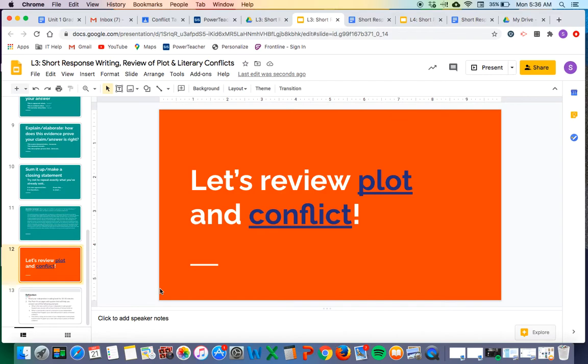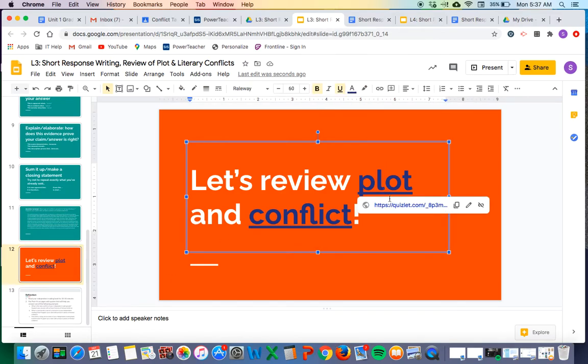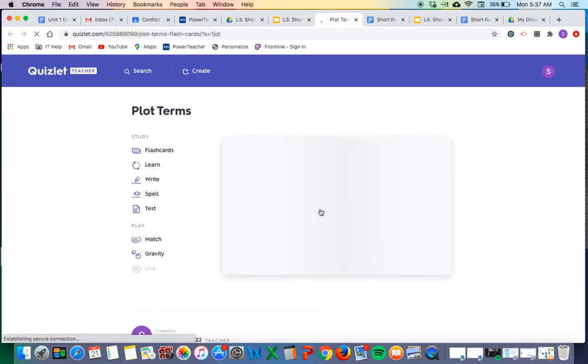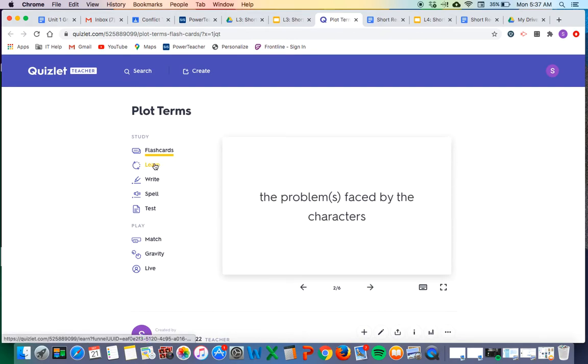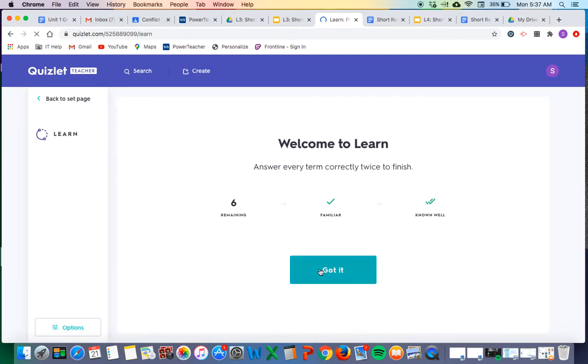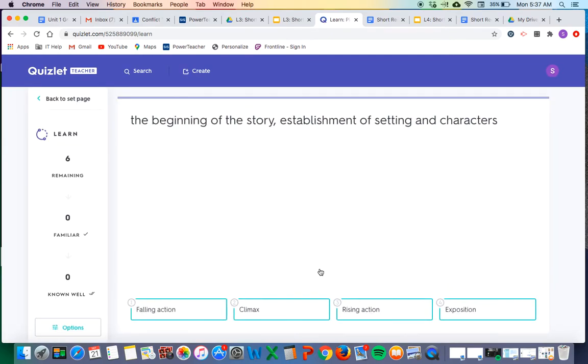All right, so before you continue with today's work, I would like for you to use these Quizlets to review plot and conflict because you'll need to know these terms for a quiz that's coming up as well as for today's work. You can use the flashcard version. You can use the kind of quiz to test yourself.